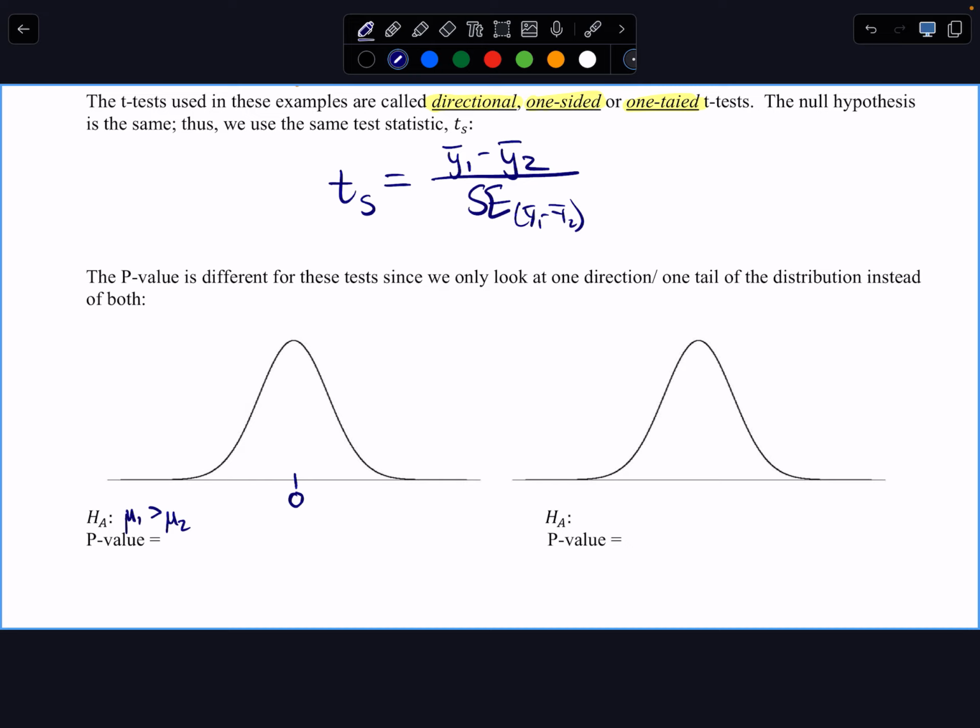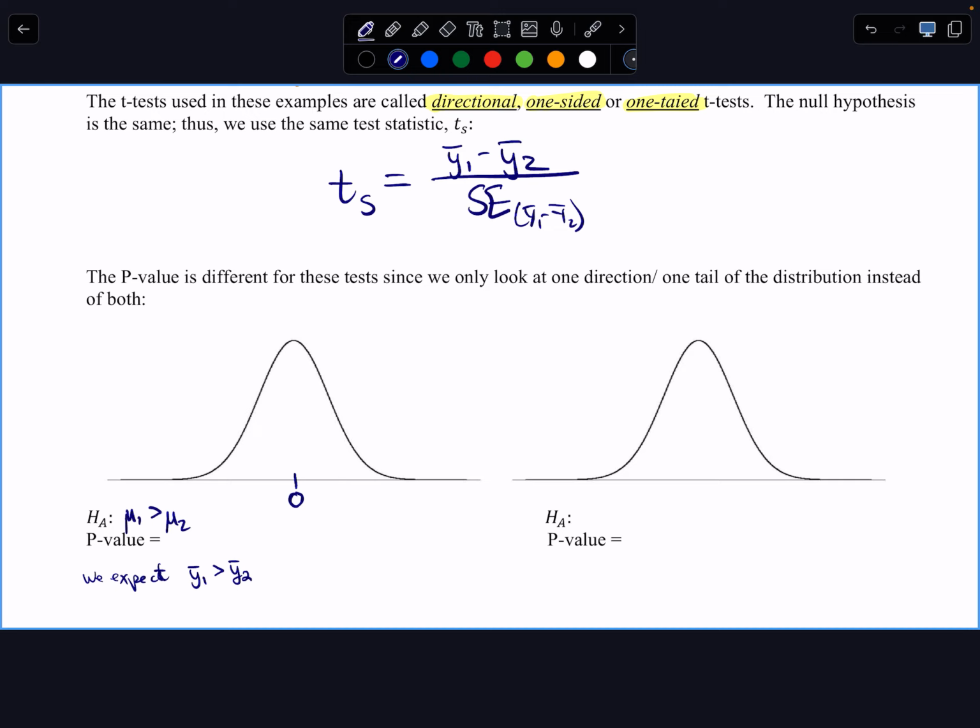We talked about this last time, I believe. If mu1 is expected to be greater than mu2, that's our educated guess. When we go to our sample, we expect y bar 1 to also be greater than y bar 2.